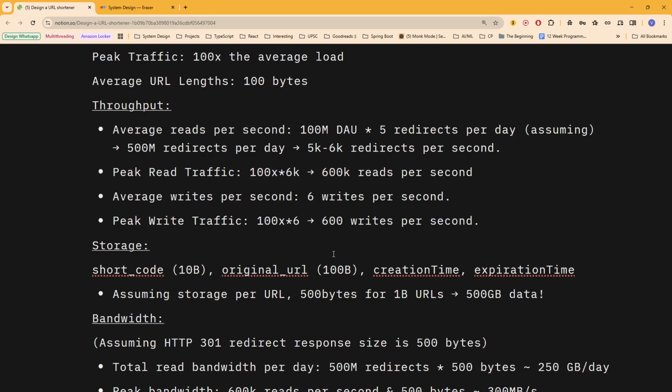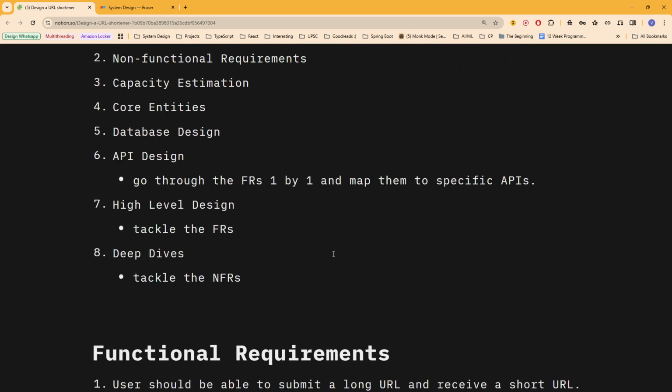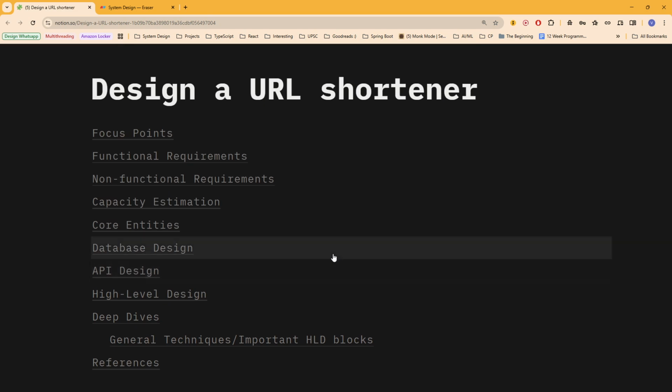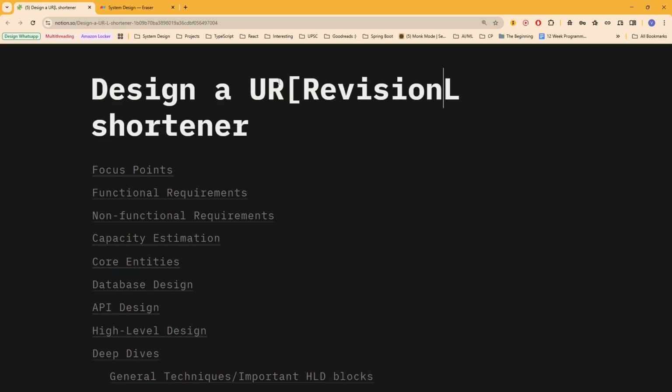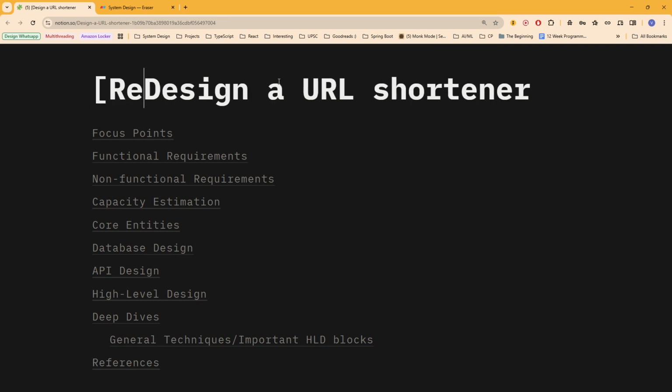Some of these numbers are very important. We should know how long a network round trip takes. It is around 5 milliseconds to 10 milliseconds. All of those numbers should be at our fingertips. That is why think of it as a revision video. If you have already gone through this question, you can use this video to revise.